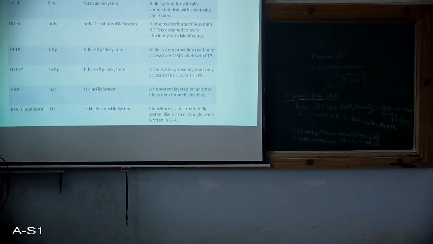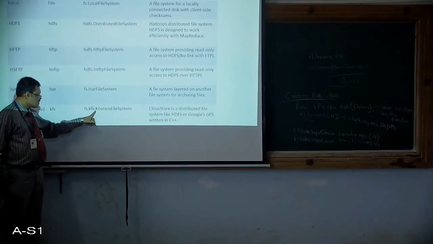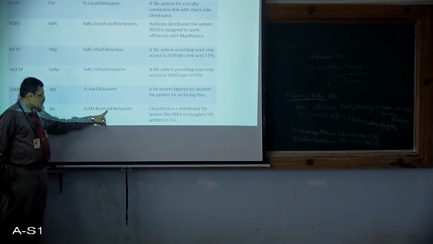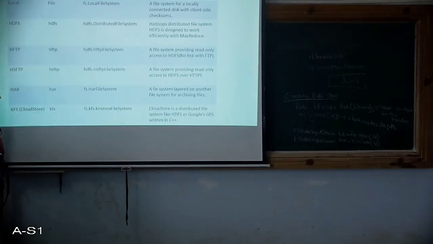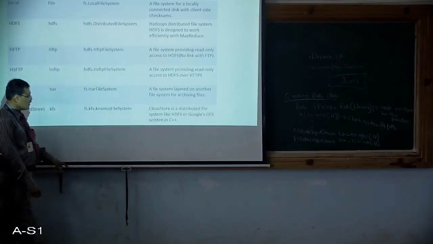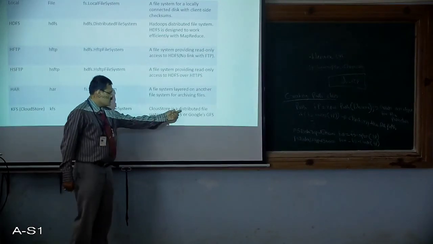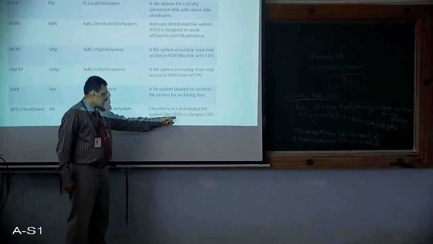Next one is KFS, the CloudStore file system. The URI scheme is kfs, and the Java implementation is fs.kfs.KosmosFileSystem. CloudStore is a distributed file system like HDFS or Google's GFS, written in C++, for cloud storage facilities.